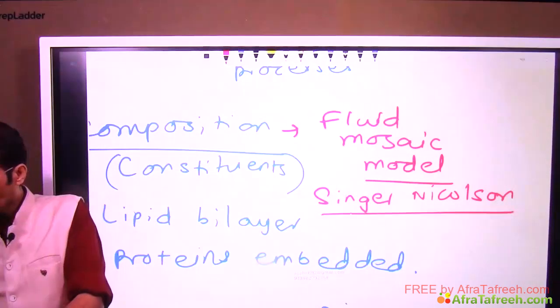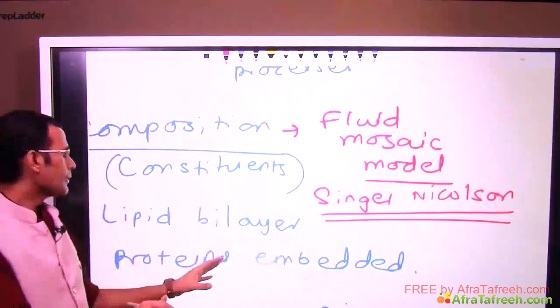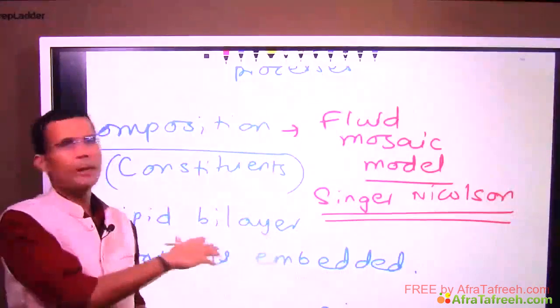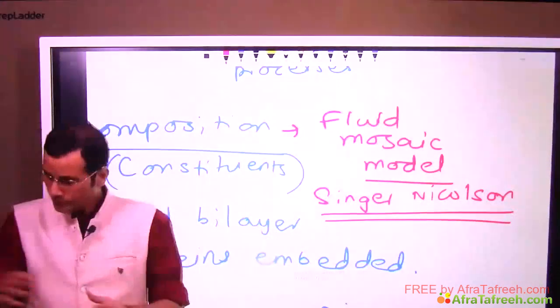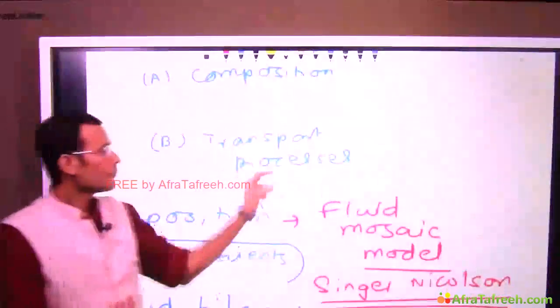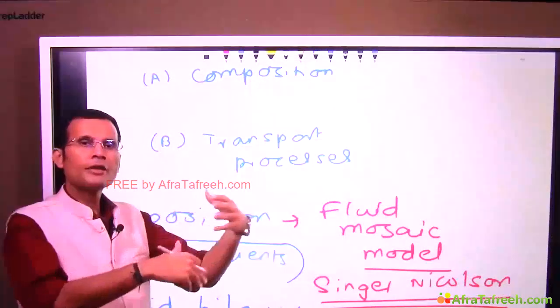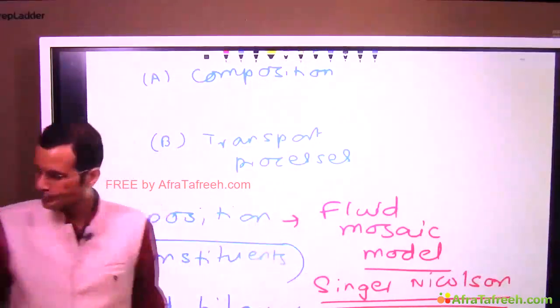This is the most accepted model of cell membranes, and I've already described it, that there is a lipid bilayer and proteins embedded in the lipid bilayer. But it's fluid, and the proteins are embedded in it, giving a mosaic type of appearance.